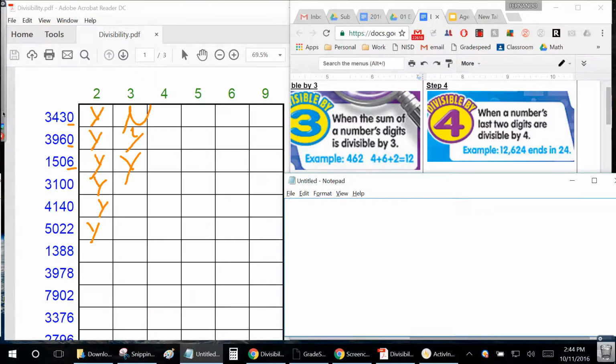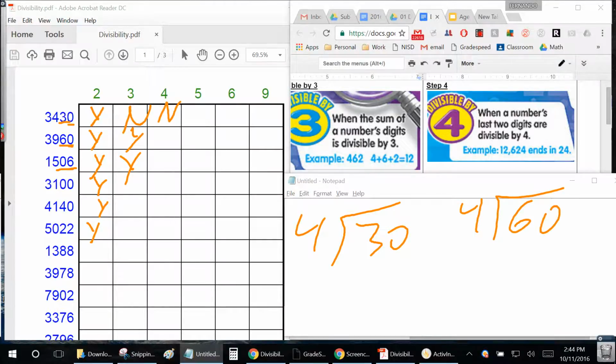We did the last one for 2; on this one, you're going to do the last 2 digits, and they have to be able to divide by 4. So can 4 go into 30? Yes or no? The answer is no. Can 4 go into 60? Let's see, 1 times 4 is 4, then you have 20, so 5 times 4 is 20. Look at that, 0 remainder. So the answer is yes.